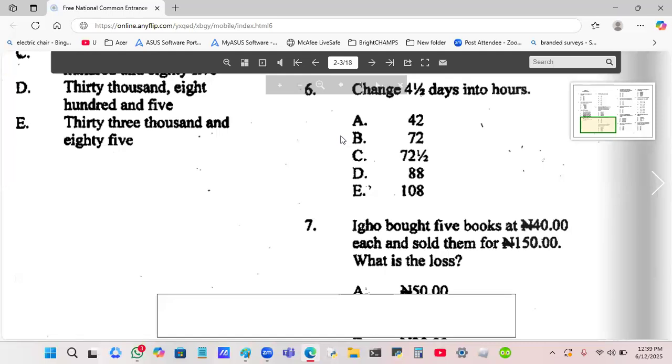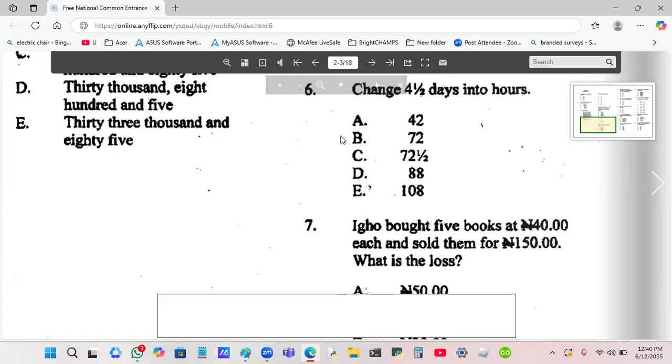But 5 books are 40 naira each. 40 times 5. 5 times 0 is 0. 5 times 4 is 20.